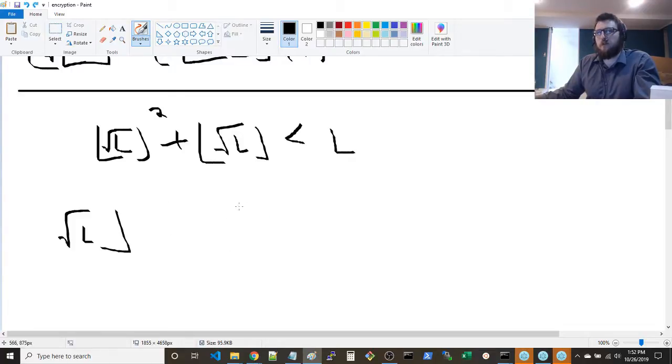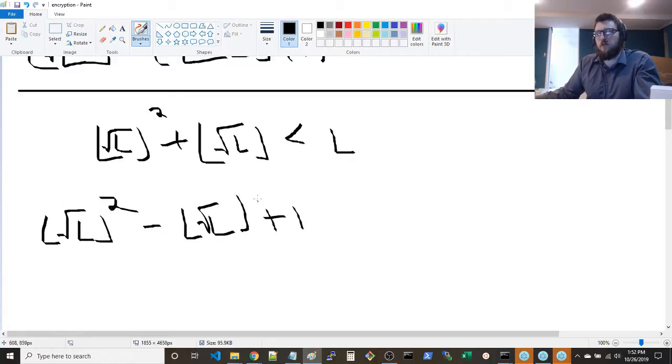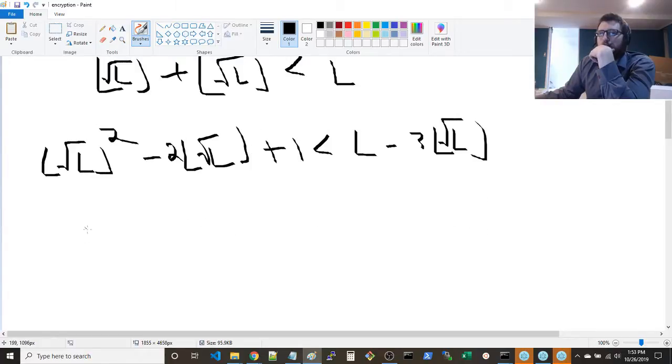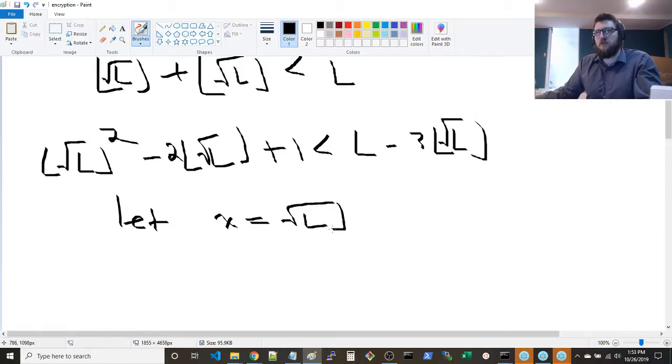Well, you know what we can do? We can maybe do something like this. We would subtract 3 of these and do square root of L. And we can also do let n equal, or just x, the floor of the square root of L, just because this symbol is kind of awkward to draw.